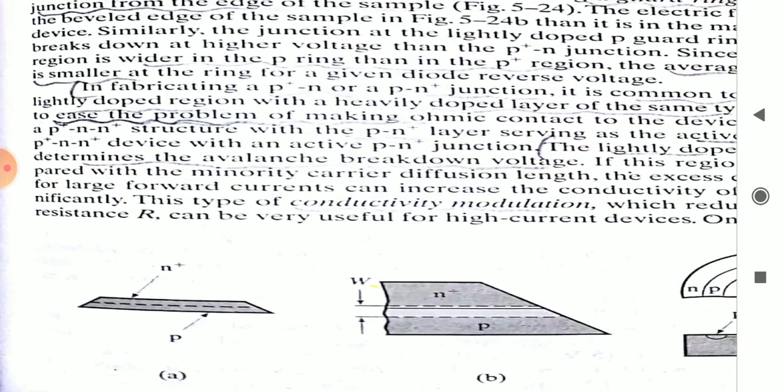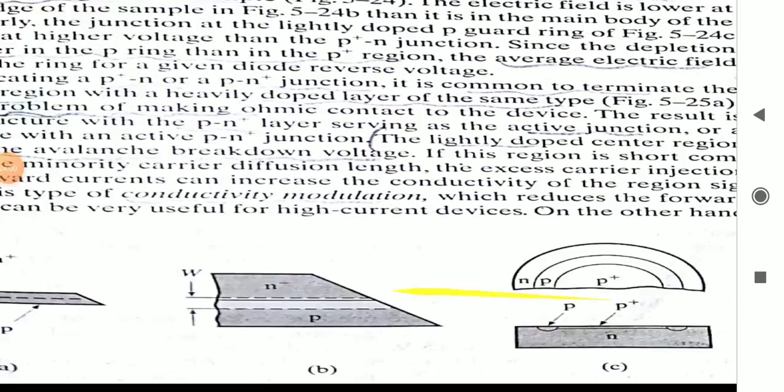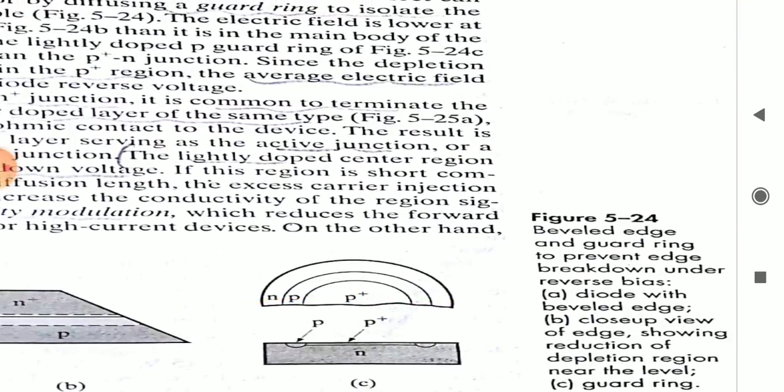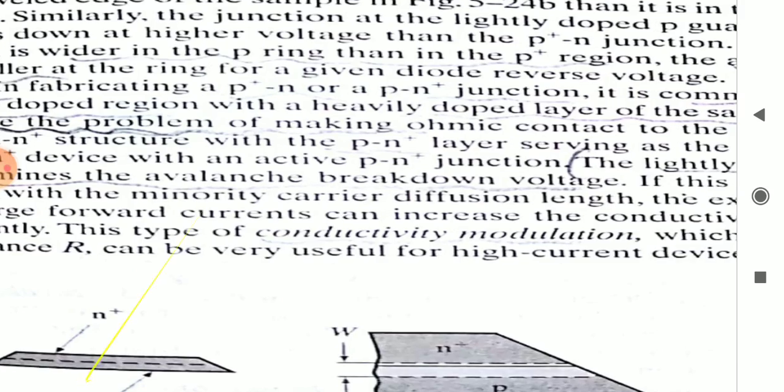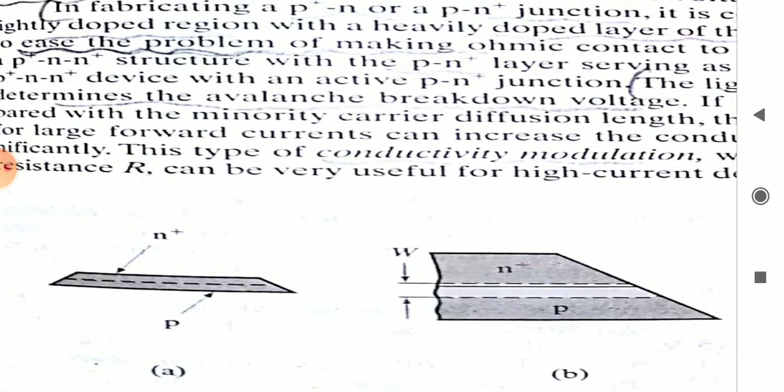Beveled edge. So here you can see N plus as well as a P region. This is the side view of this particular PN junction.